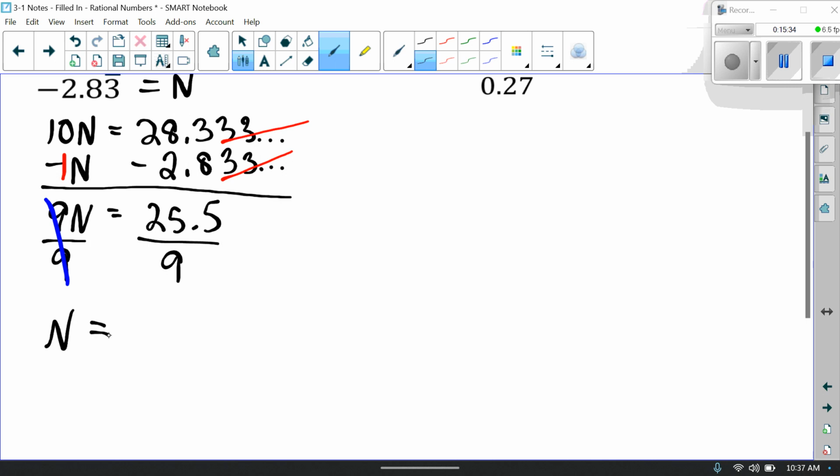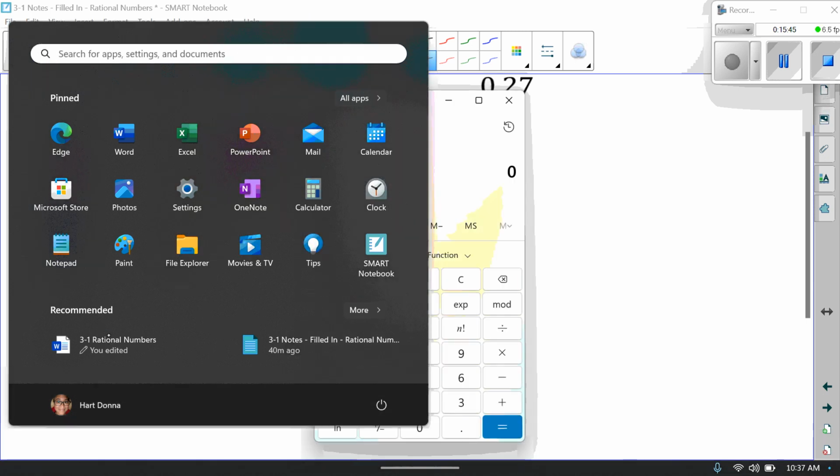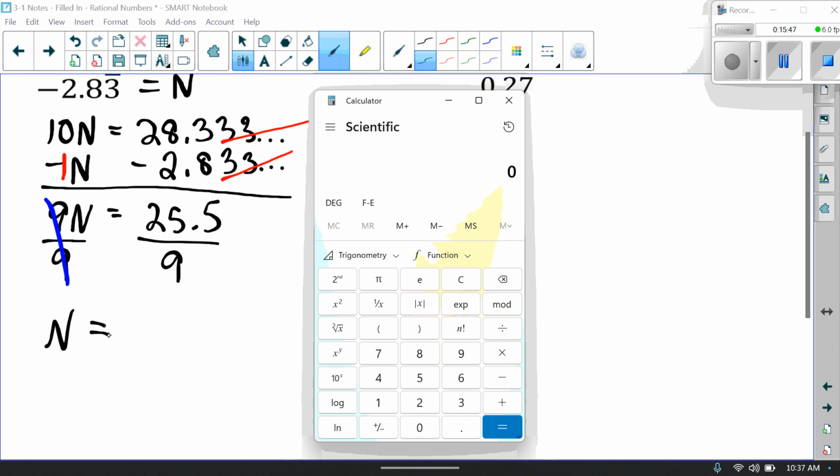And n is equal to, let's see, let's put it in the calculator. So we've got 25.5 divided by 9. That is our fraction.